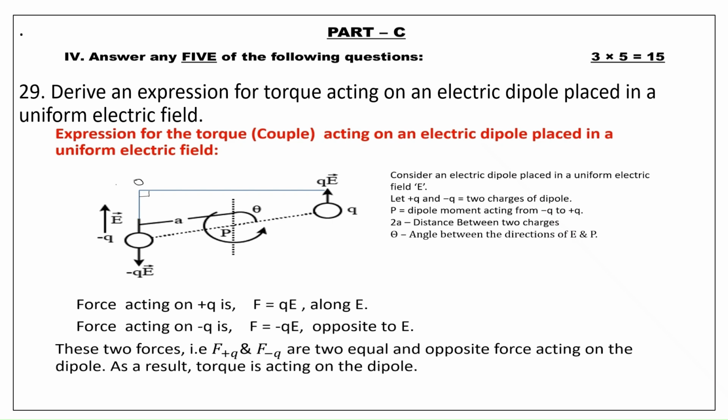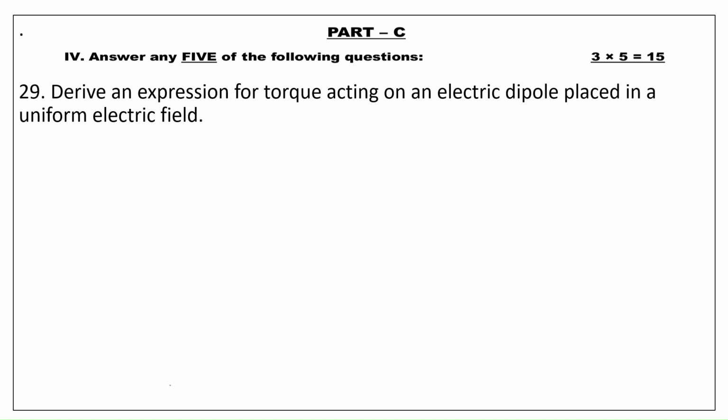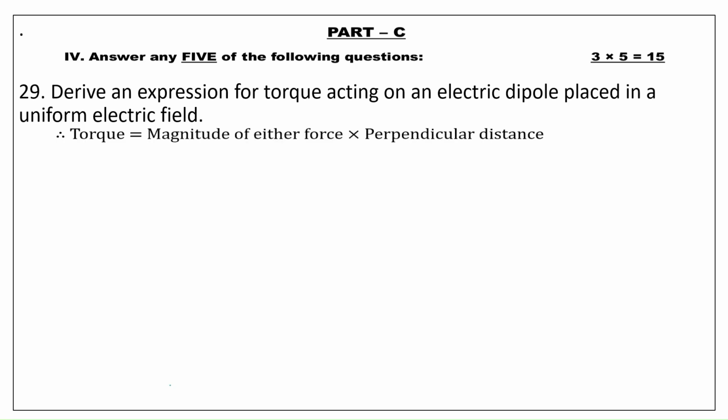As a result, a torque is acting on the dipole. Therefore, torque is equal to the magnitude of either force times the perpendicular distance. That is, τ = EQ × BO. Mark it as equation number 1.